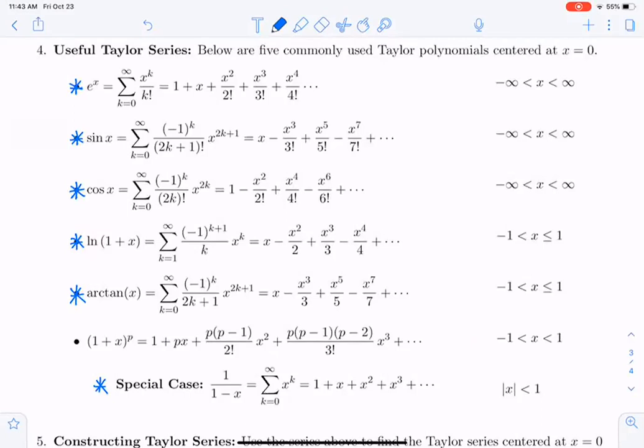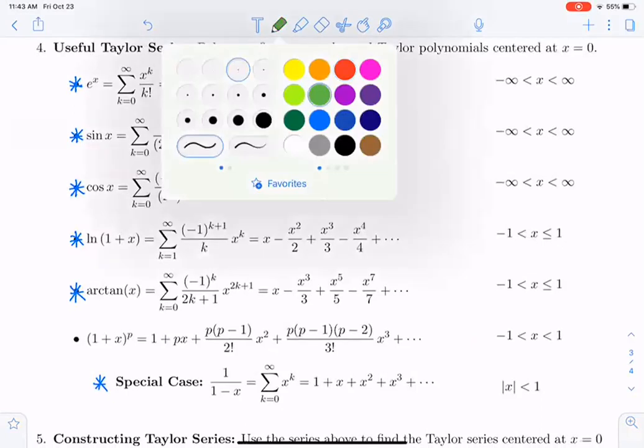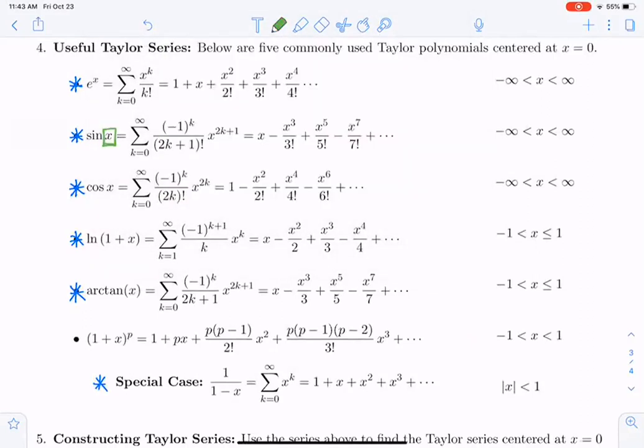I can think of it as sine of anything inside this box. The series for the sine of something inside that box is box minus box cubed over 3 factorial plus box to the 5th over 5 factorial minus box to the 7th power over 7 factorial.